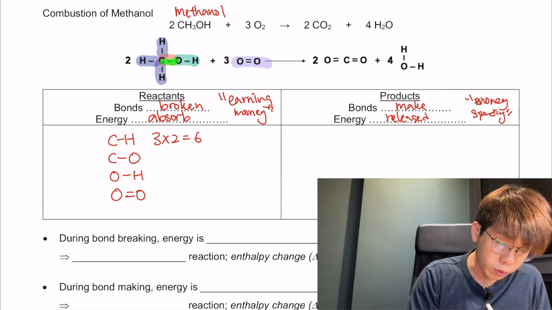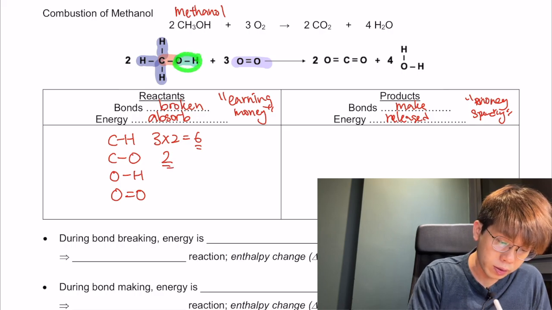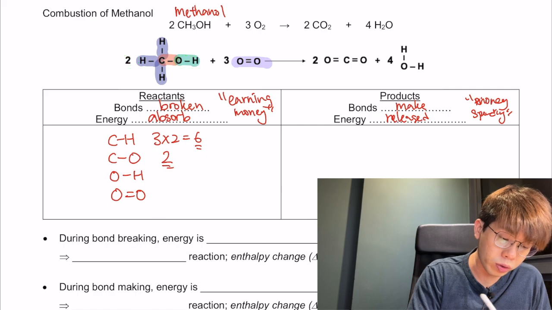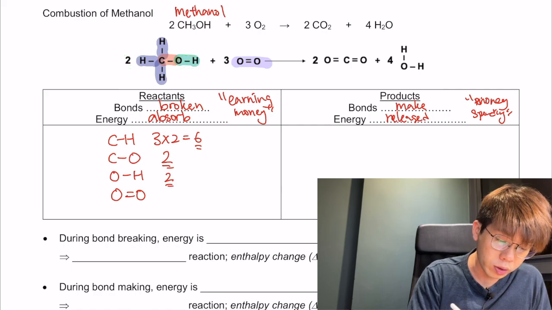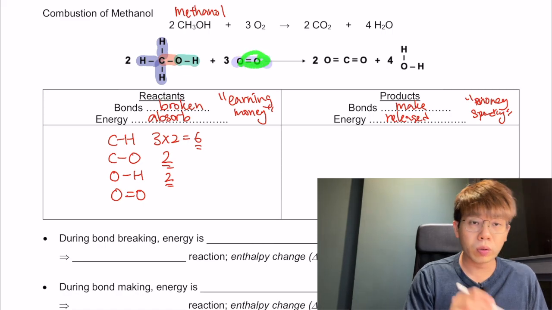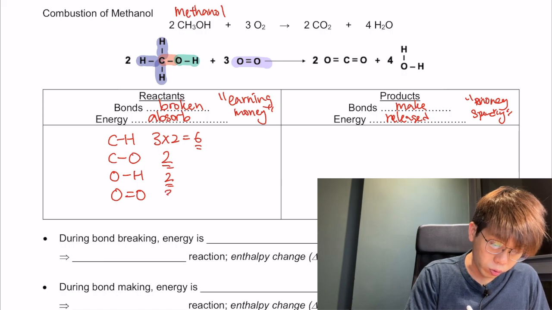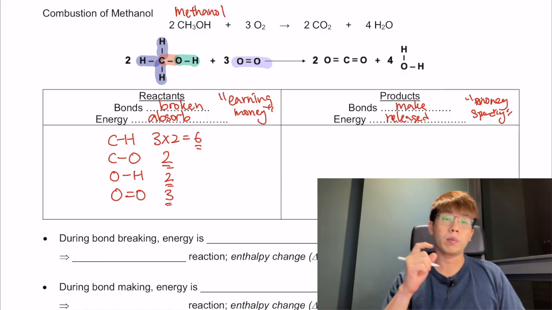What about the C-O bond? There's 1 here, but then there's 2, so therefore there are 2 C-O bonds. O-H, there's 1 here, but there's a coefficient 2 here, so there are 2 O-H bonds. And then we got the O=O double bond, and there are 3 of them. So we got a total of 3 O=O double bonds.